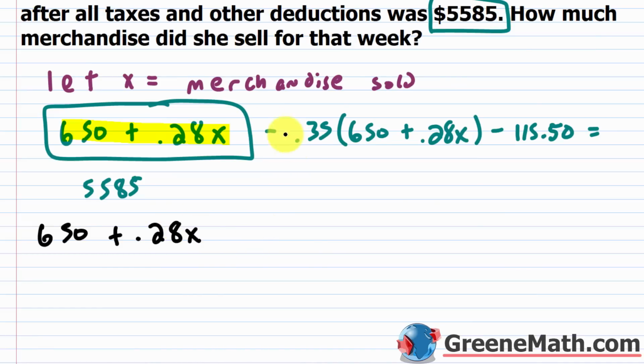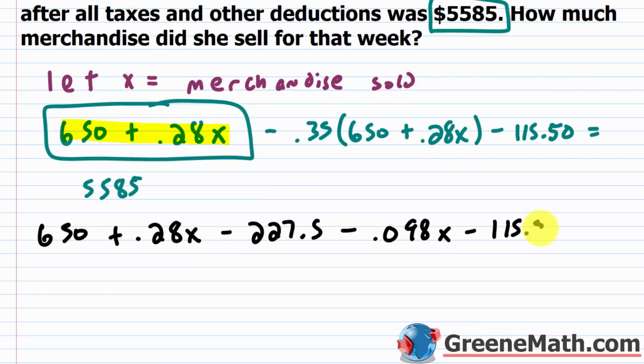And this minus sign is going to come with me as I distribute this. So negative 0.35 times 650, that's going to be negative, or you could just put minus 227.5. And then we're going to have negative times positive, so that's negative. 0.35 times 0.28 would give me 0.098, and then times x. And then minus, you have your 115.50.